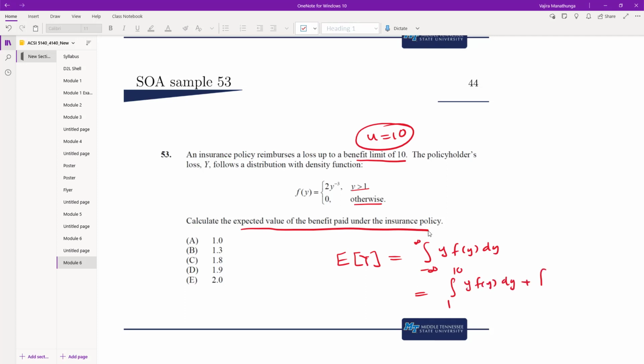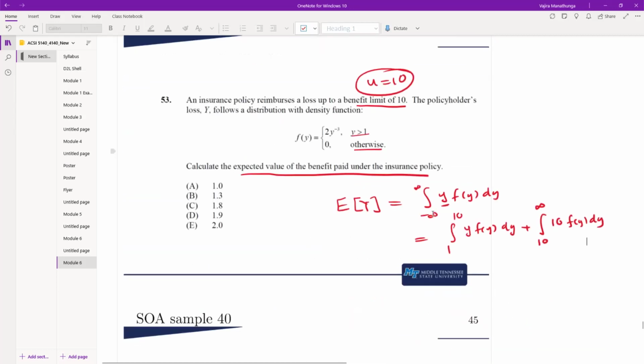Then from 10 to infinity, the y value is always 10, so 10 times f(y) dy. Remember, because a policy limit is imposed, the loss reimbursed becomes fixed at the policy limit 10 when it exceeds 10. When you integrate this, I'm not going to do the integration.